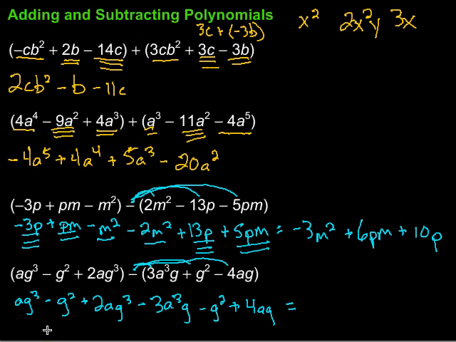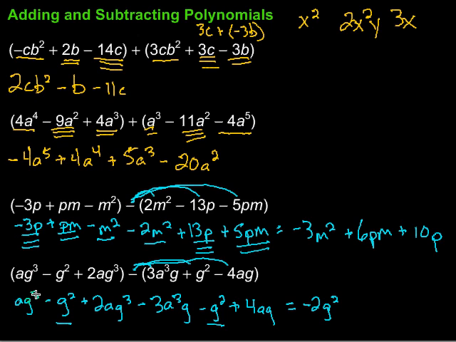Okay, now let's take a look through here and see what we've got going on. Well, let's take the g squared terms first. We've got minus g squared here, minus g squared there, so that's going to give us minus 2g squared. Then, let's see, what else do we have going on?